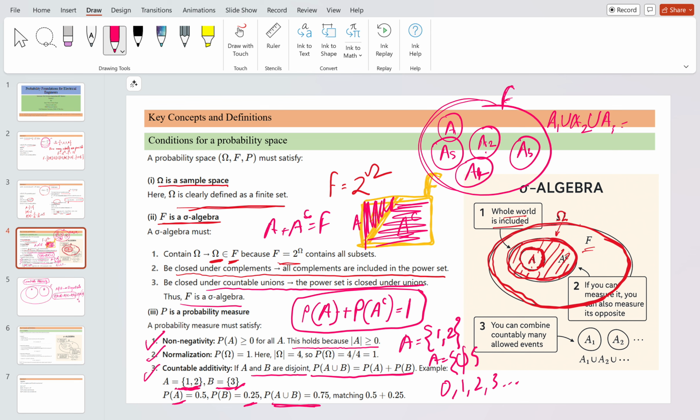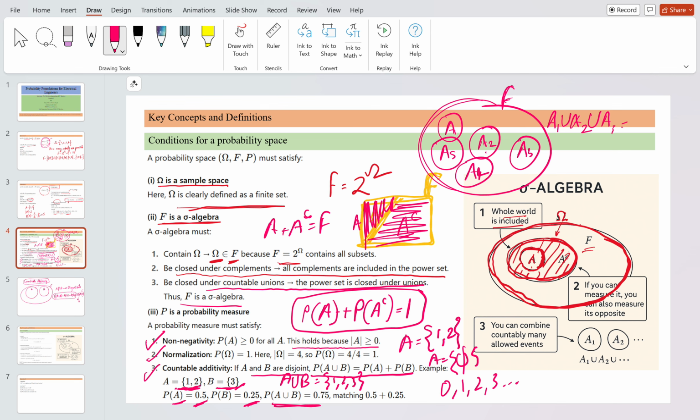When you take the union, A union B has 3 elements, 1, 2, 3, and 3 divided by 4 is 0.75. When you add the probability of A and probability of B, 0.5 plus 0.25, that is equal to 0.75. This is the important concept.